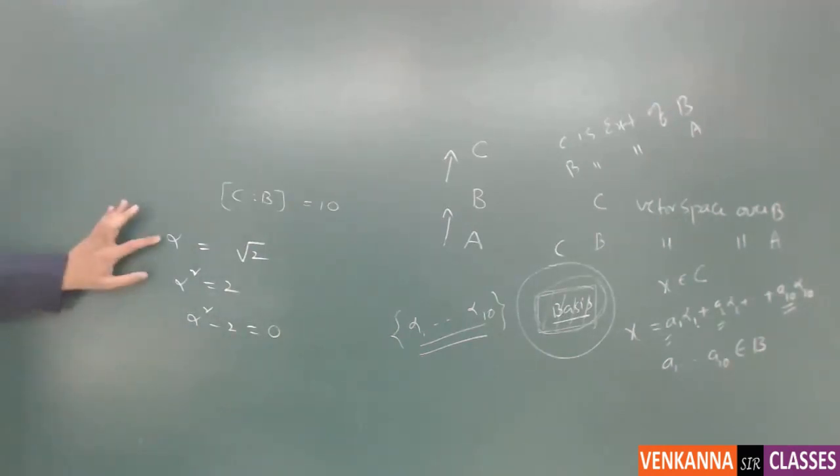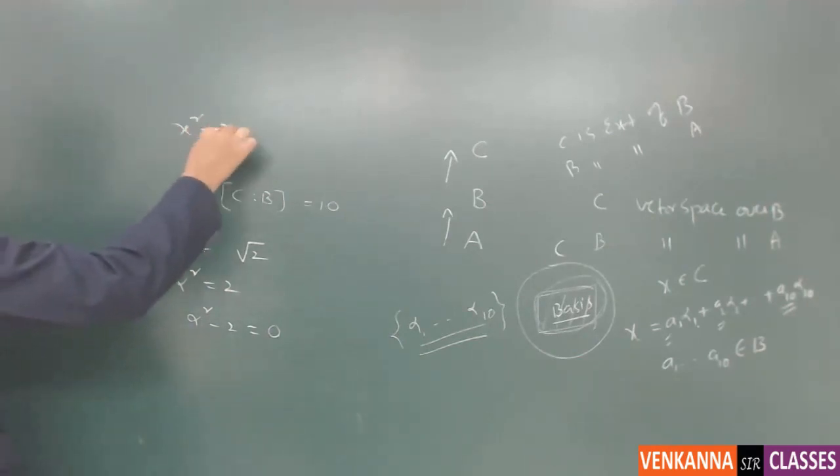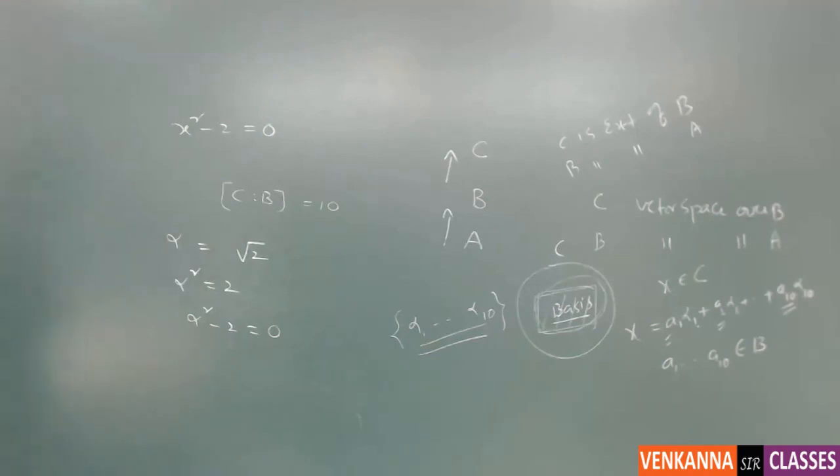So in other words, alpha satisfies the equation x square minus 2 equal to 0. Accepted?